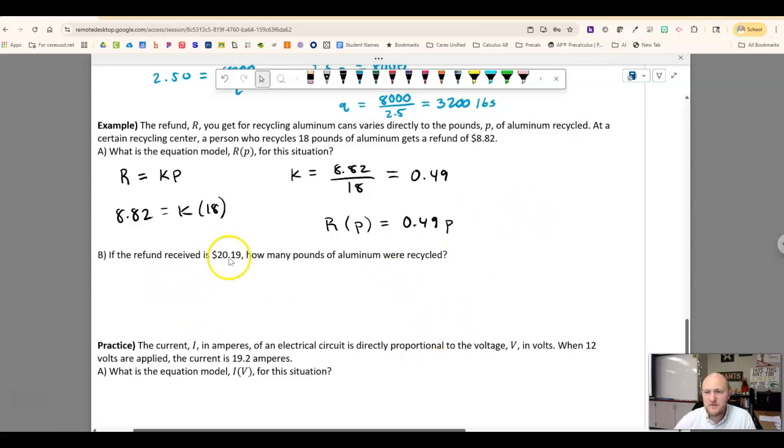So here they say if the refund is $20.19, how many pounds of aluminum were recycled? Well, my refund is $20.19. That's my R value. That's not P. So I'm not plugging in for P. Oftentimes that's the most difficult part of this lesson, is using the information and representing it with the right variable.